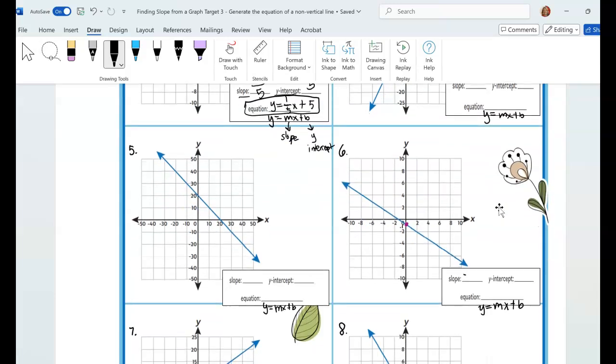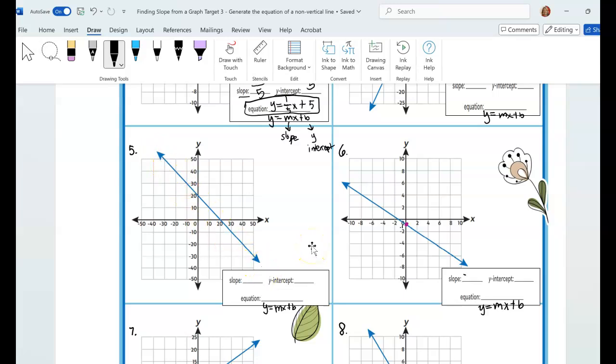Number 5. I'll work number 5 with you. Okay, so we're moving from the left on the trend line to the right, just like we're reading.